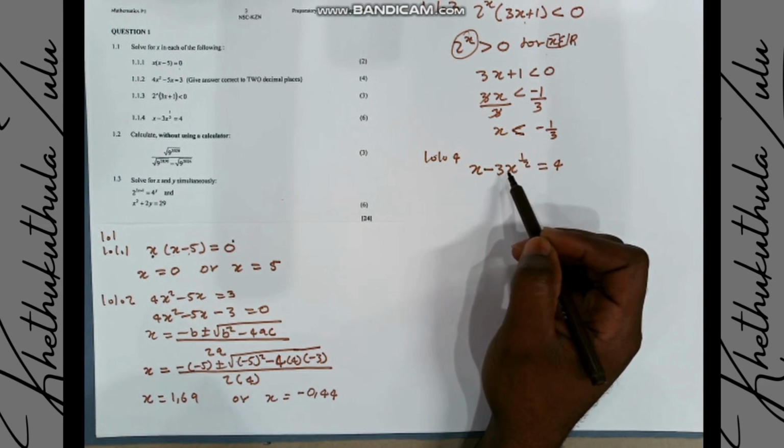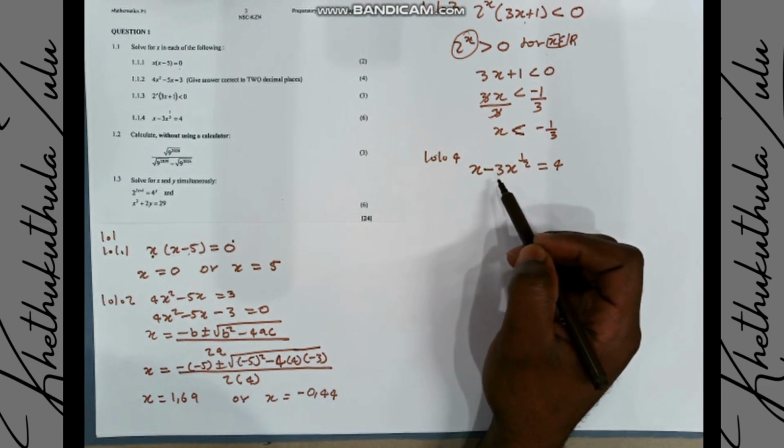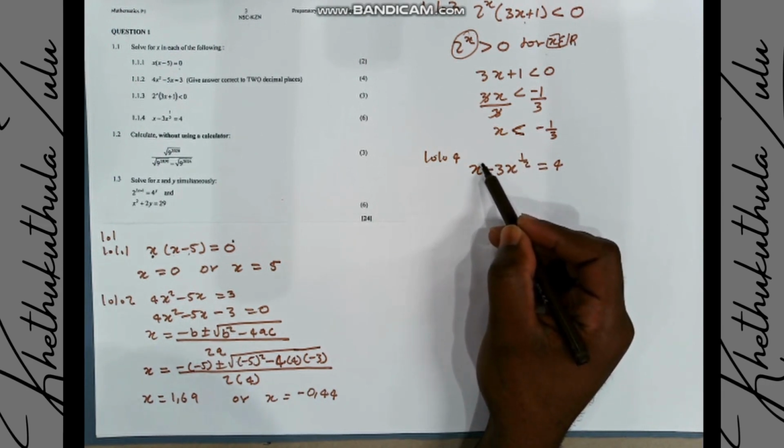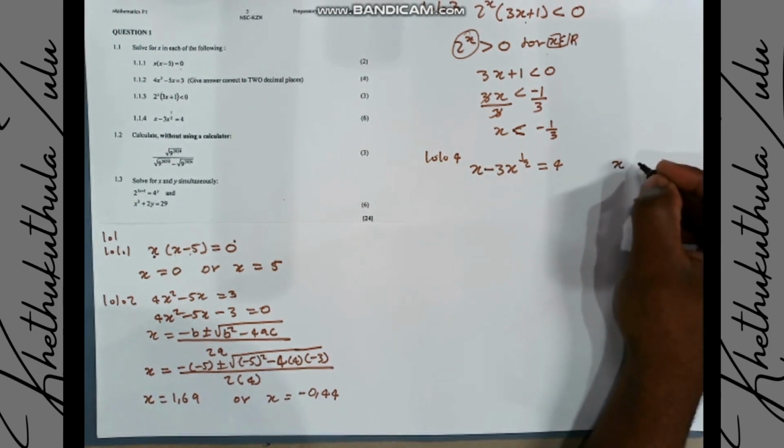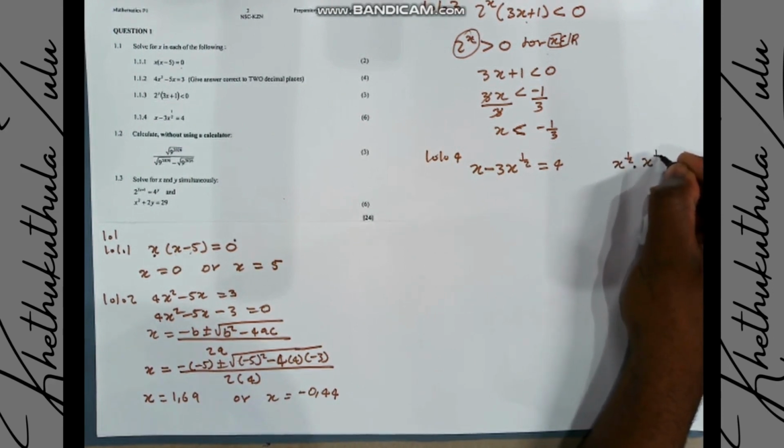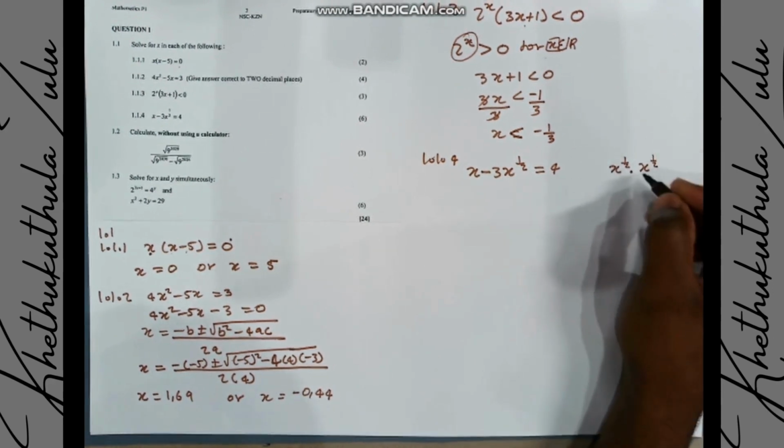The exponent that is greater is this one. I can separate this one into 2 times, saying x^(1/2) times x^(1/2). This times this is just x.